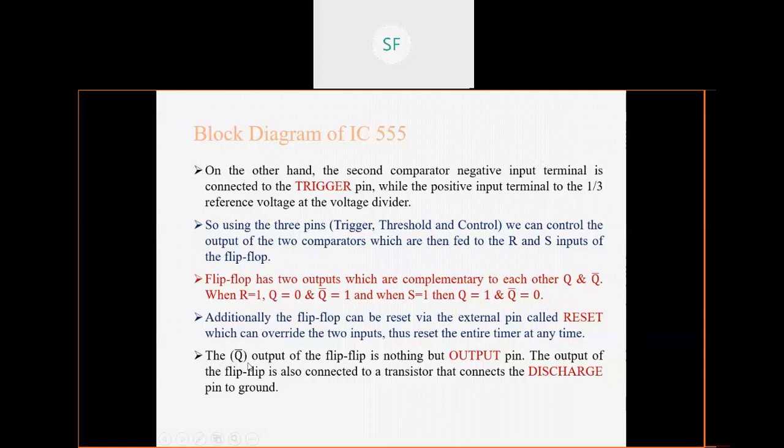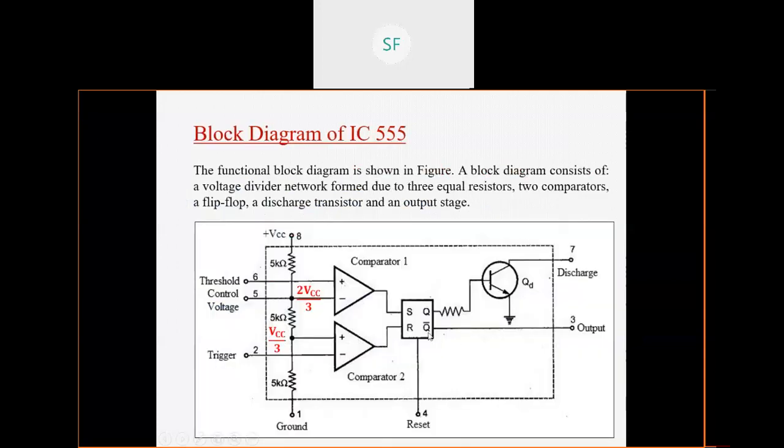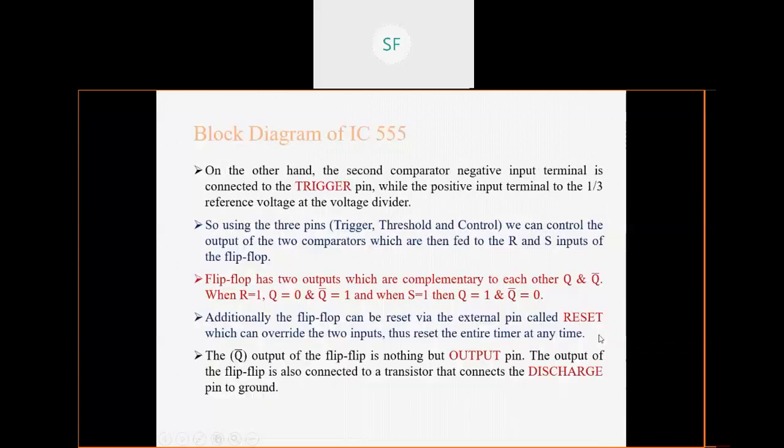The last point is that the Q bar output of the flip-flop is nothing but the output pin. Yes, we have already said that the Q bar output of the flip-flop is the output of your IC 555. The same is mentioned here. The output of the flip-flop is also connected to a transistor that connects the discharge pin to the ground.